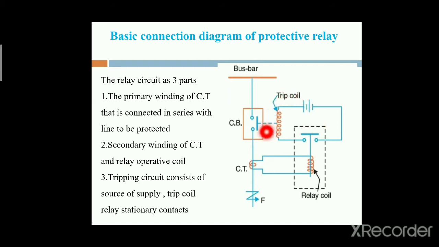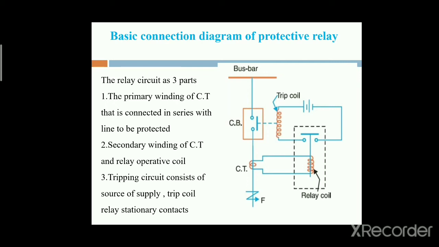Then current flows to this tripping circuit, the trip coil is energized, and the circuit breaker will be operated. This is the basic connection diagram of a protective relay.